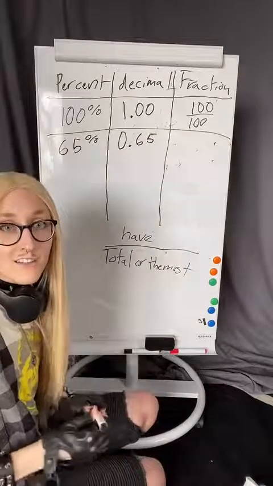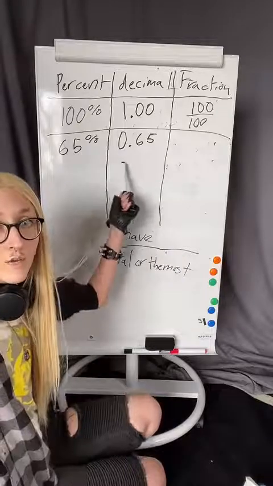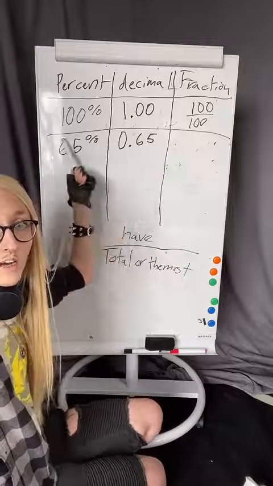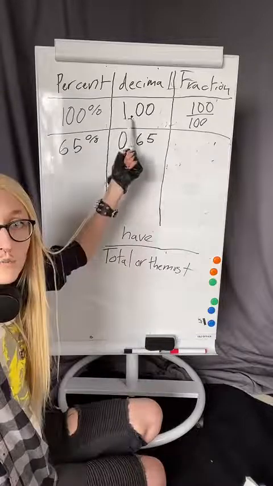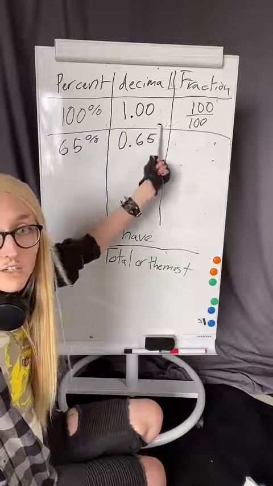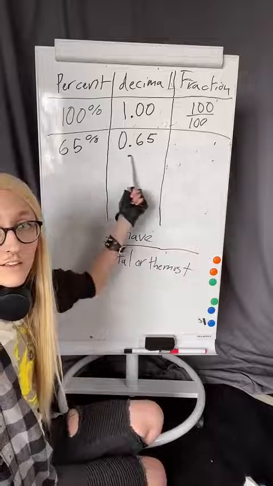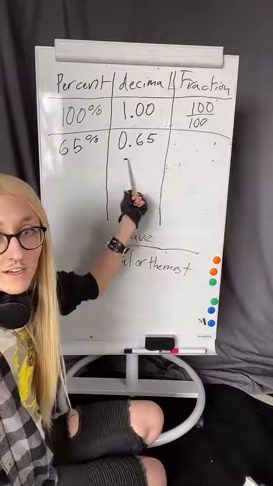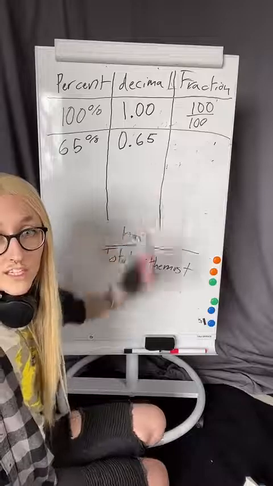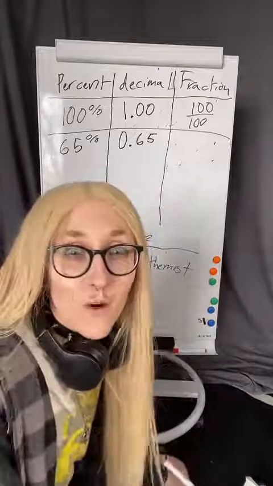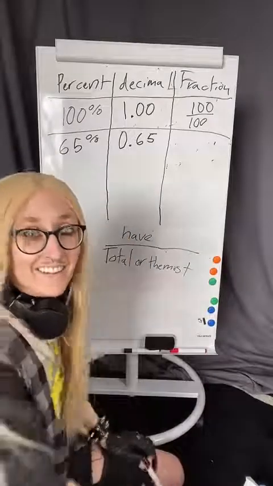That's what it is. Notice how when I had 100%, it was 1.00. I've got that 100 in there, you can see. And at 65, I've got that 65 in there right after the decimal. It's that easy. Wow. That's all.